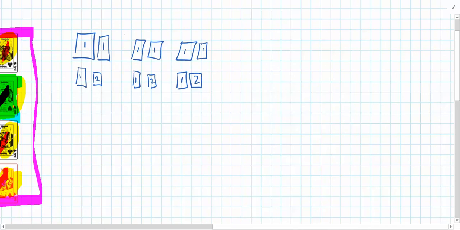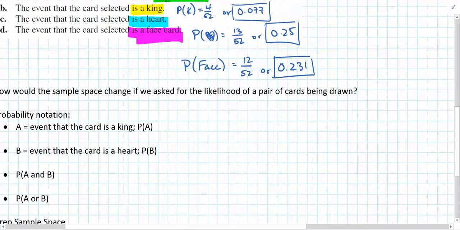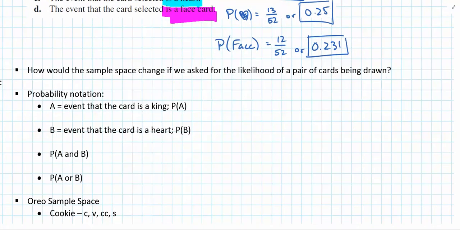What's going to happen to the sample space if I start considering all of the pairs of cards that I can put together? Well, I think you would recognize that the sample space gets much, much larger in that event.